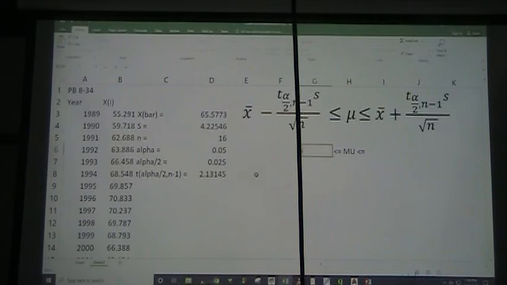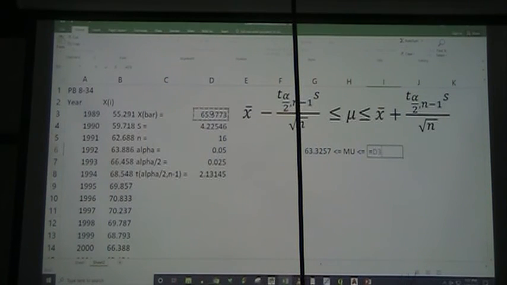It's going to be equal to our x bar minus our t alpha divided by 2 with n minus 1 degrees of freedom, in this case 0.025 and 15, times our sample standard deviation divided by the square root of 16. All right, so that's 63.3257.